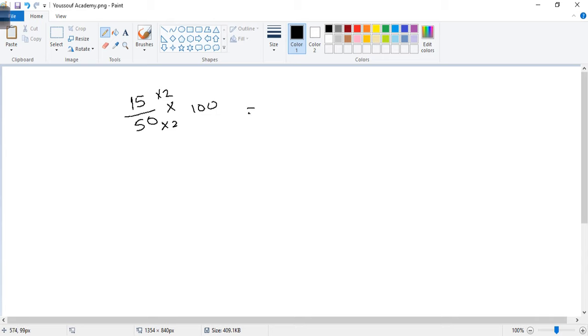So it will be equal to 30 over 100 times 100, and the 0 cancels 0, and the answer will be 30%.